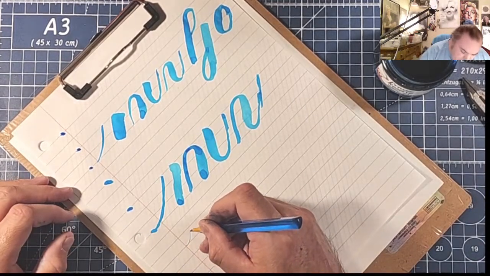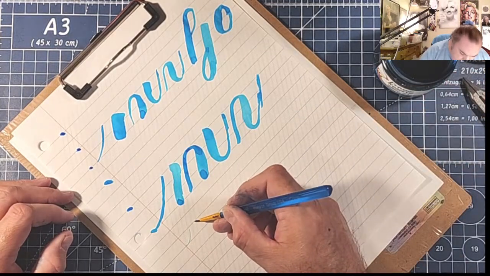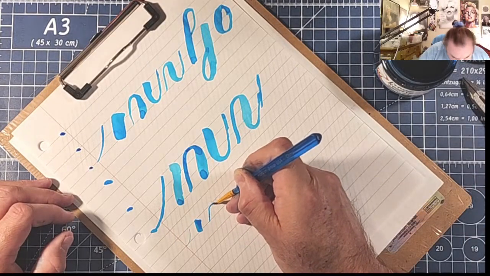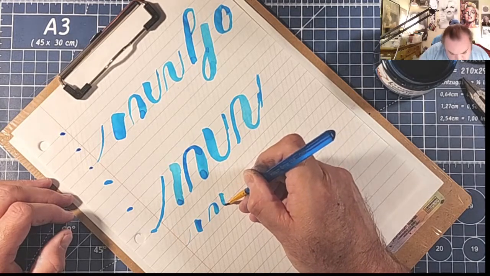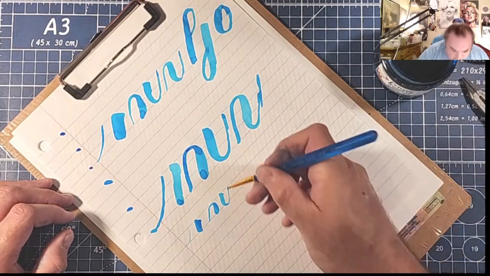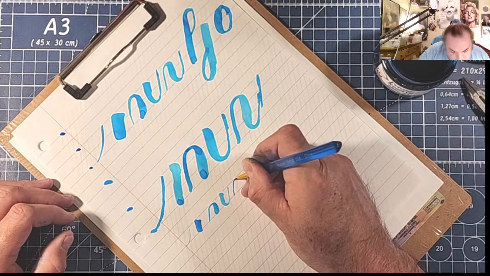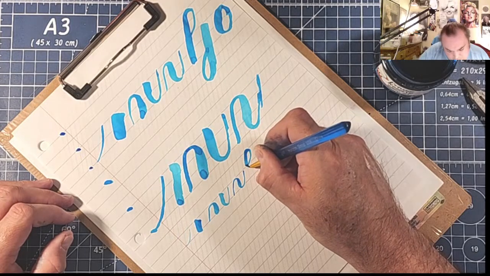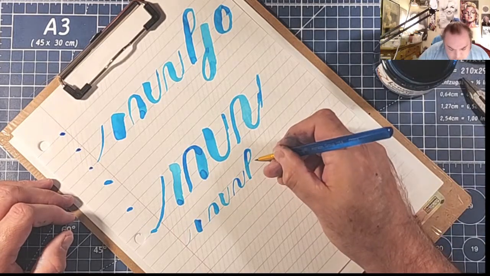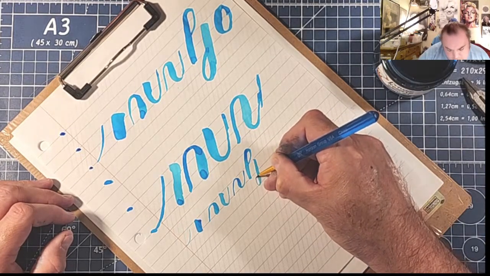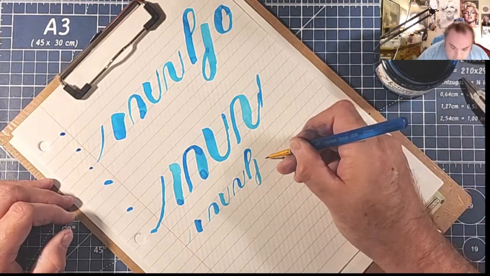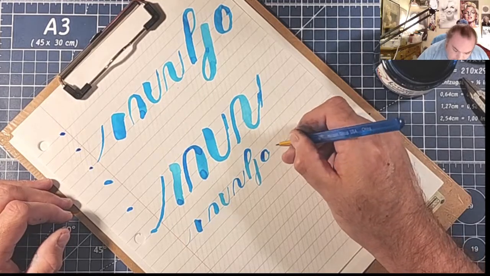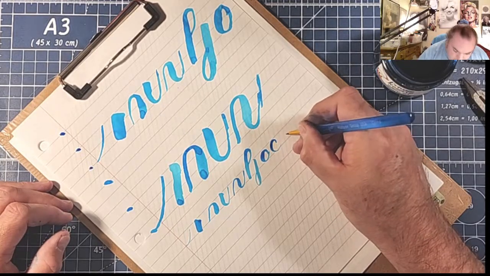You do upstroke, downstroke, overturn, underturn, compound curve, ascending stem loop, descending stem loop, oval, C stroke, E stroke.